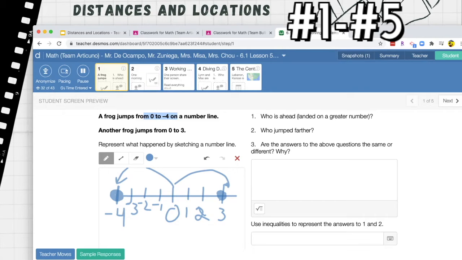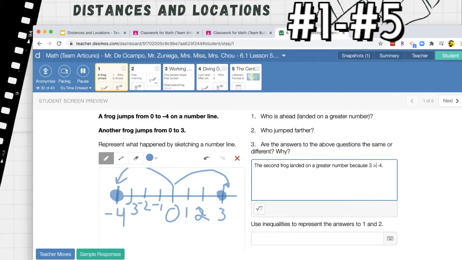Who went ahead? Who landed on a greater number? Well, I would say the second frog landed on a greater number, because 3 is greater than -4. See the alligator? The alligator's eating 3.